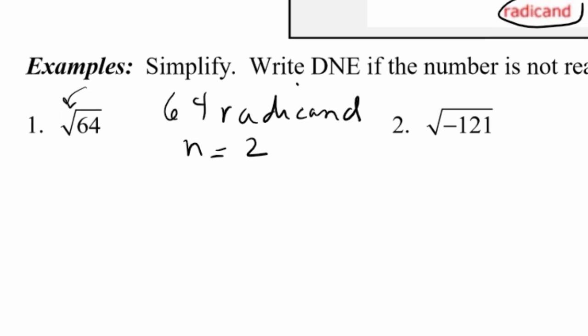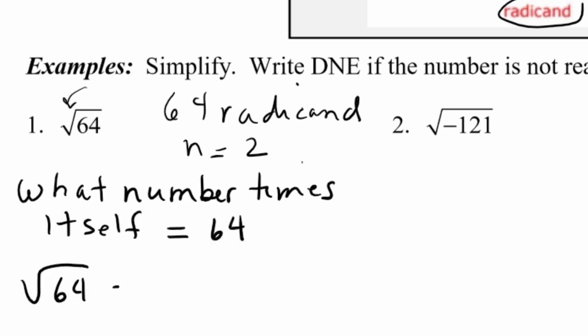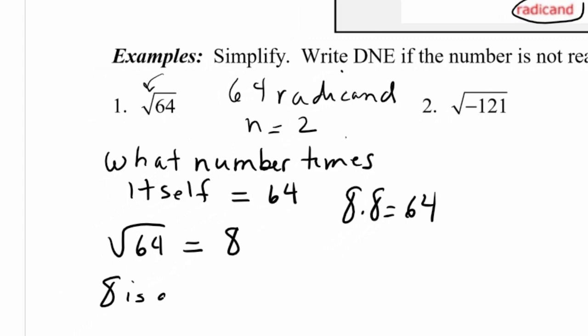What number times itself equals 64? That's what square root of 64 means. And so you know that number to be 8, right? Because 8 times 8 equals 64. So 8 times itself equals 64. So we say 8 is a square root of 64.